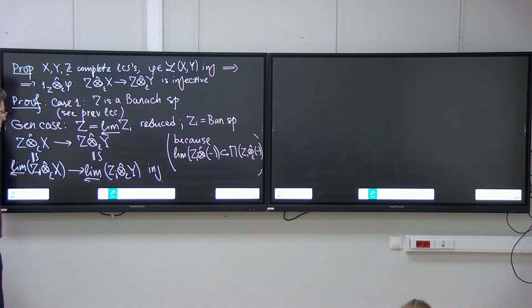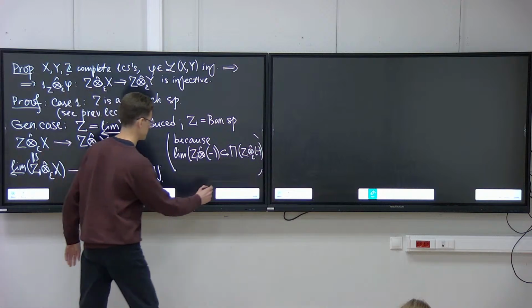So this one is also injective, and this completes the proof for the general case.